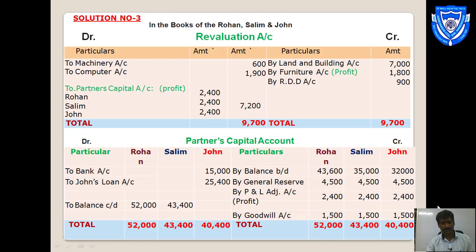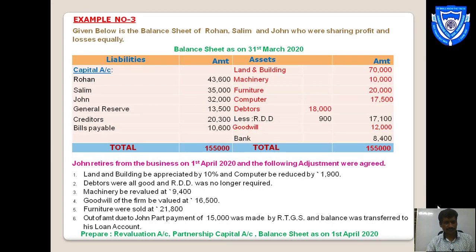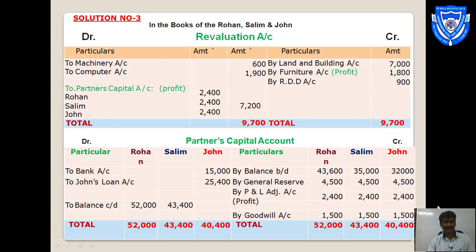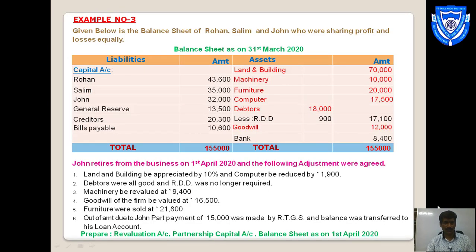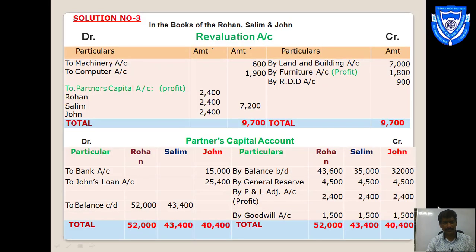Now general reserve we have to distribute, rupees 13,500, to all the partners equally in their ratio, and their ratio is equal. So 13,500 will be distributed, that means credited to their capital account, 4,500 each.